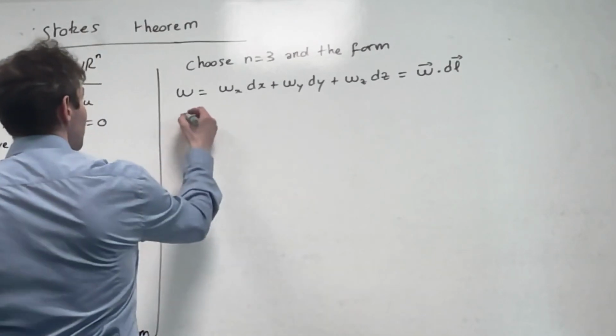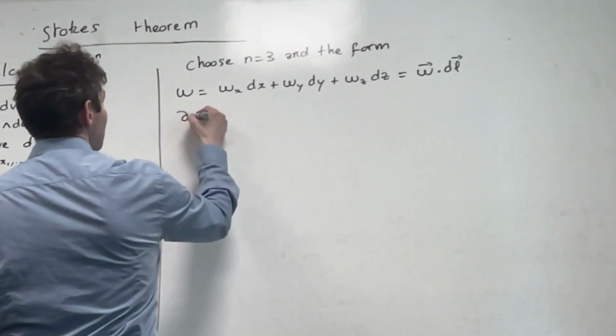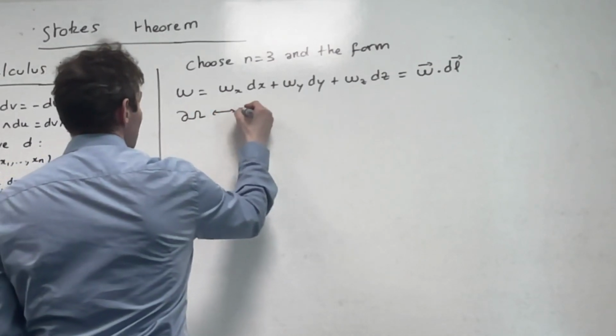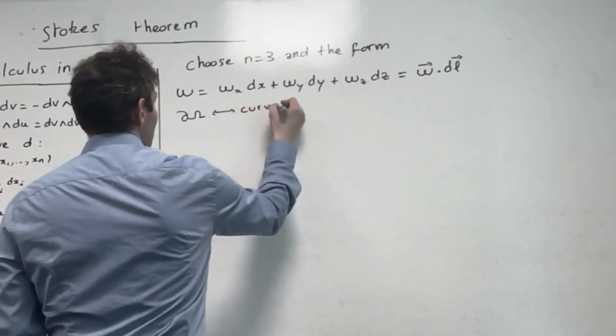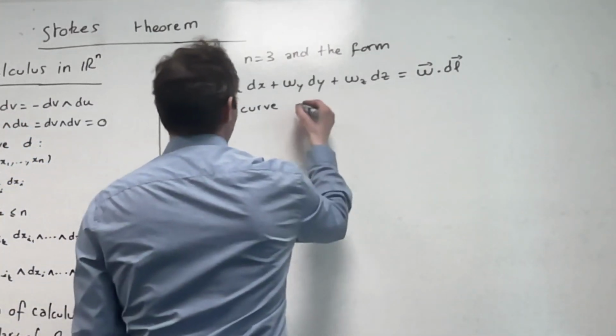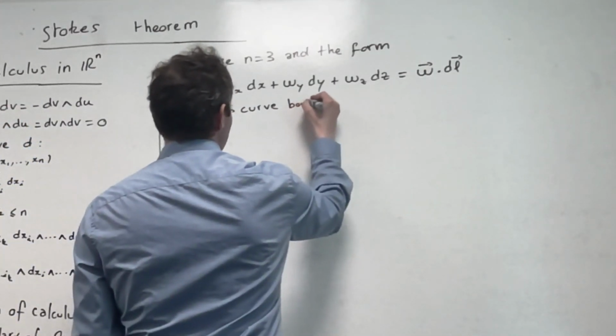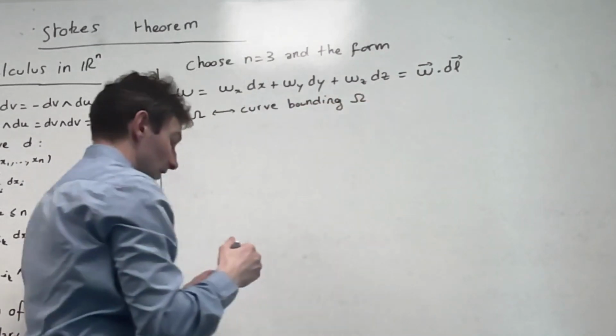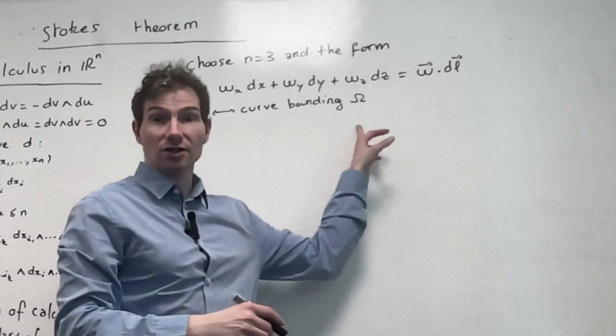So now I interpret the boundary d omega as being a curve, and that's a closed curve, bounding omega, and therefore omega is a surface.